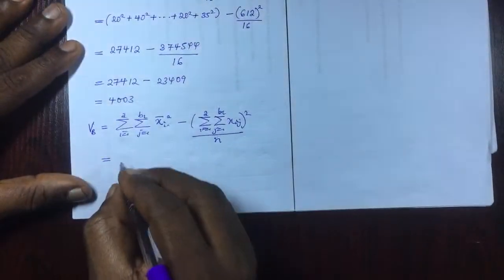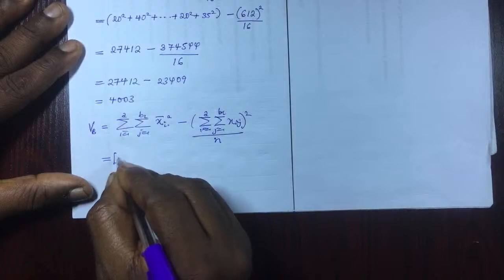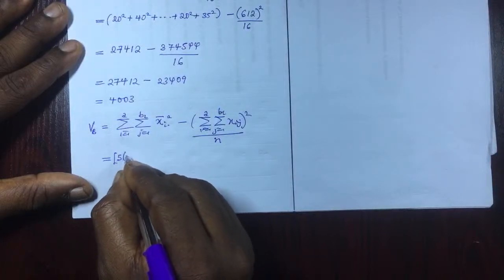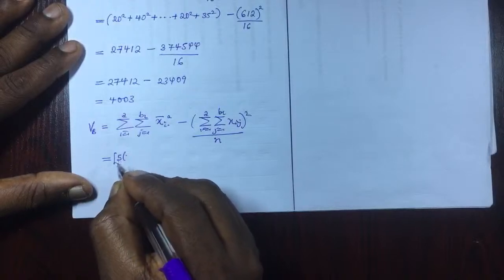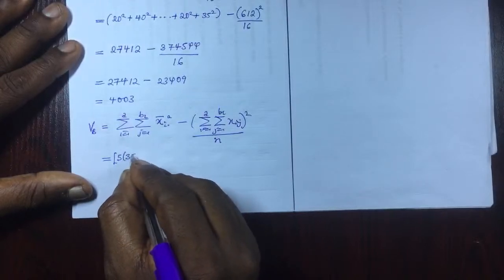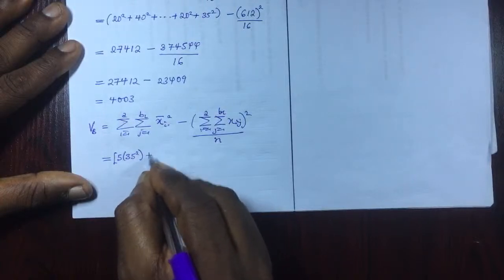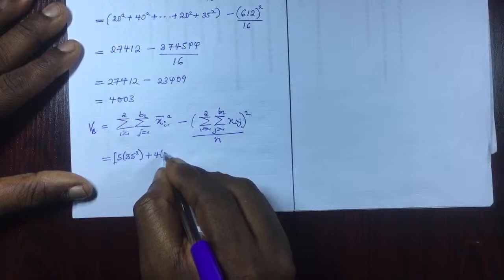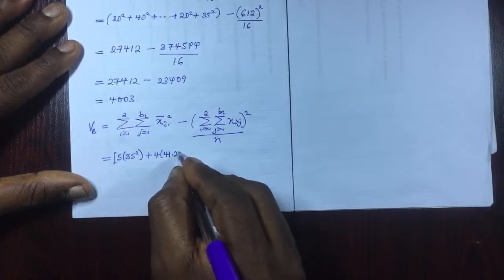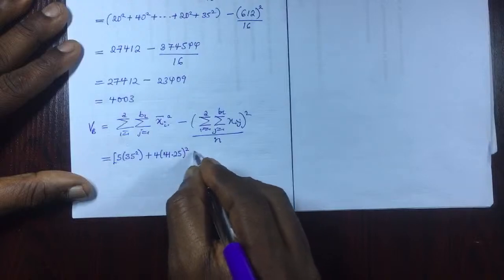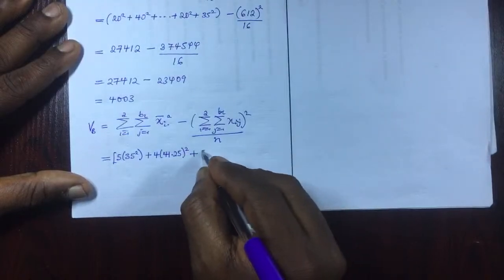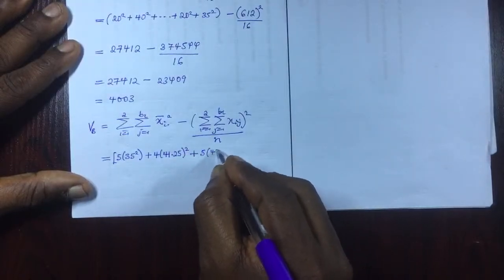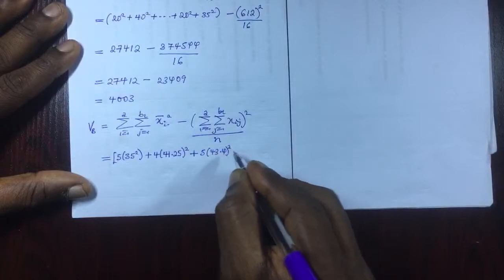So let's see. If you do that, you are going to get this result. So this will be 5 times the mean of the first treatment, which is 35, all squared, plus the next will be 4, the number of observations in that treatment, times 41.25 all squared, the mean of that treatment, plus 5 times 43.4 all squared.